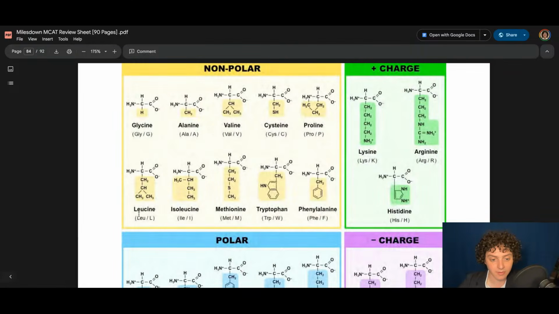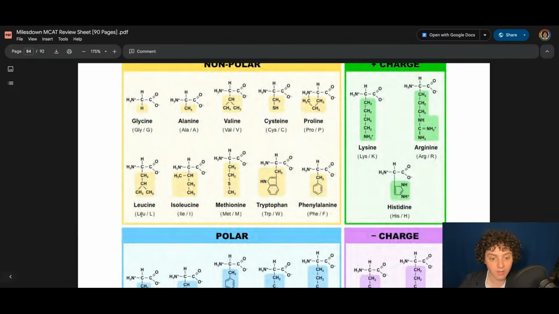Leucine's 3-letter abbreviation is LEU. The 1-letter abbreviation is L. Leucine's R group has CH2, CH, CH3, CH3. Isoleucine has a 3-letter abbreviation of ILE and a 1-letter abbreviation of I. Its R group is CH, bound to both a CH3 and a CH2, and then that CH2 is also bound to a CH3.